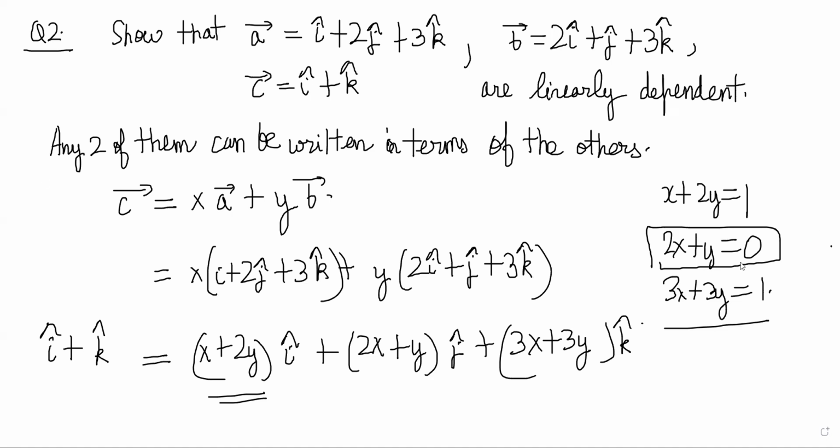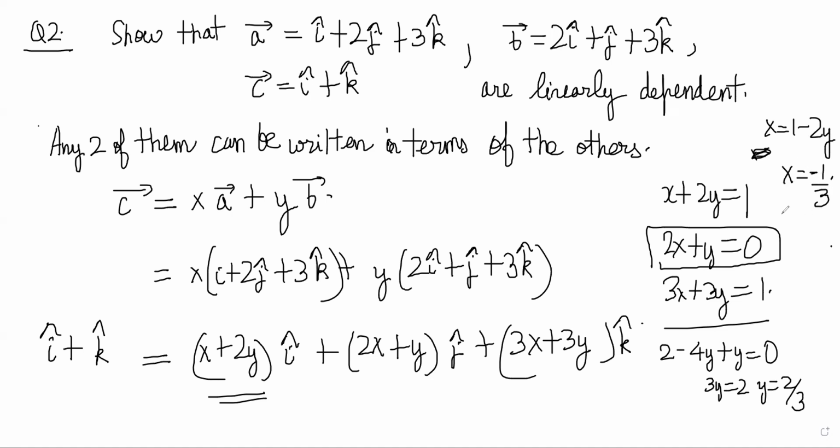So x is 1 minus 2y. And if you put that 1 minus 2y here, you get 2 minus 4y plus y is 0. So 3y is equal to 2. So y is 2 by 3. So x is becoming 1 minus 4 by 3, so minus 1 by 3. Right? So we are able to say that C is equal to minus 1 by 3 A plus 2 by 3 B.